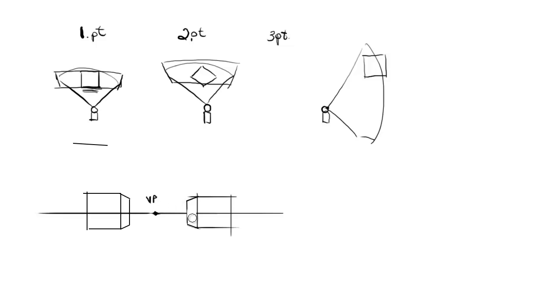And because the box is not see-through, we'd also have to erase the lines like so. So, as you notice though, everything is going very focused on this vanishing point. All lines must converge to the vanishing point.